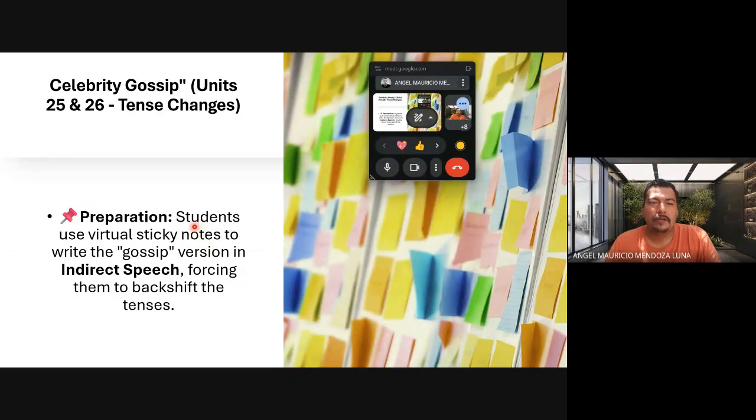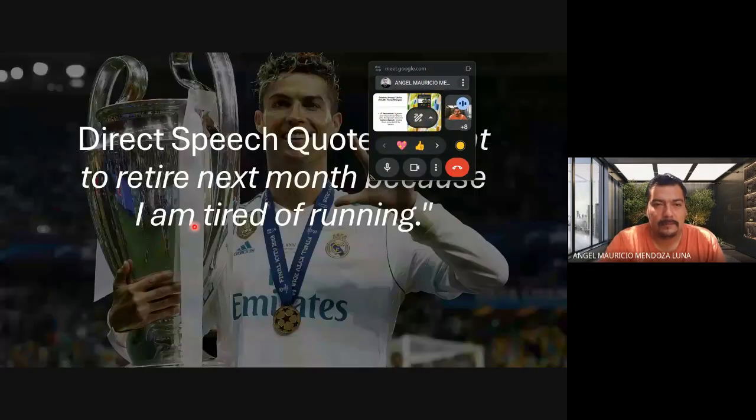Preparation. Let's see if it is possible to use virtual sticky notes to write the gossip version in indirect speech. The aim of this activity is to select the most logical tense in order to change the direct speech into indirect speech. All right.